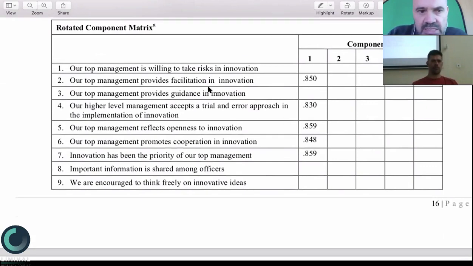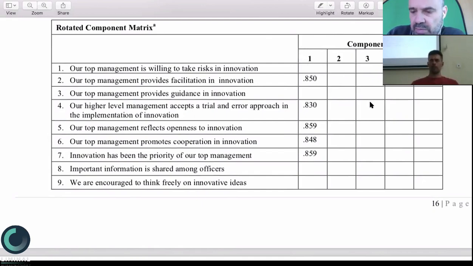So in this case, you can see our top management provides facilitation in innovation. This one loads with the first component. Then our higher level management accepts a trial and error approach to the implementation of innovation. You see it loads there. You can see this one here also loads there. So all of these items or statements load onto the first component or the first factor or the first construct.